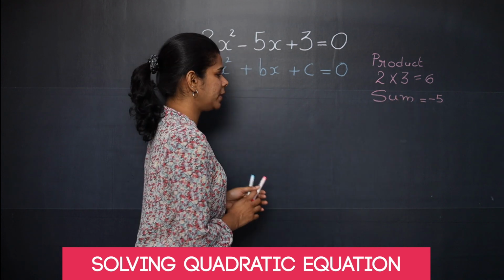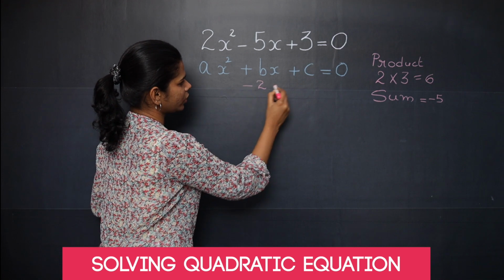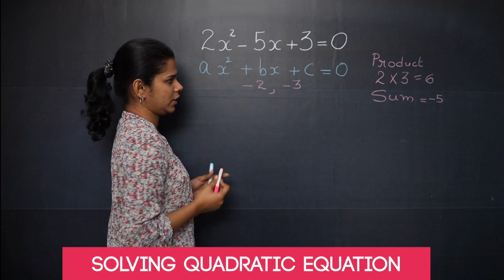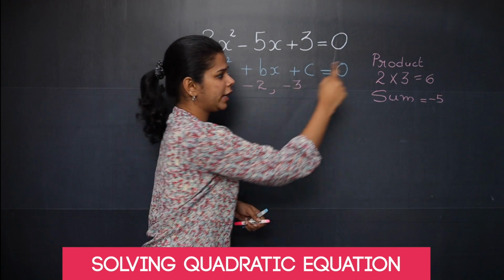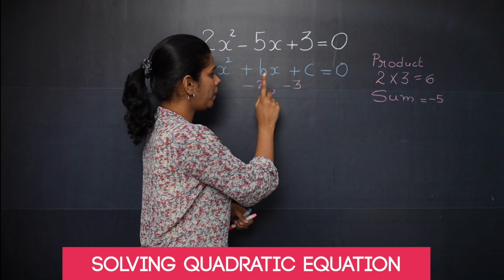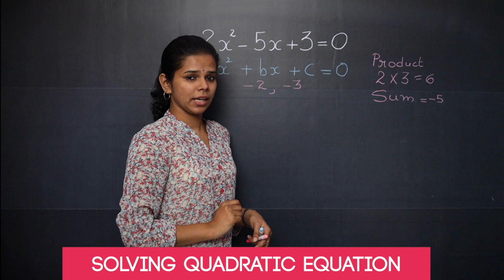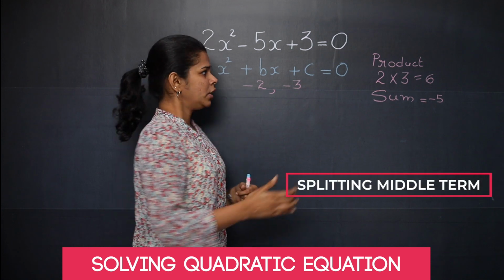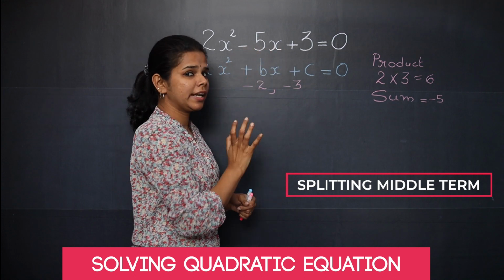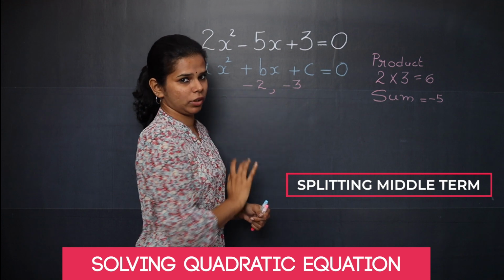So such numbers are negative 2 and negative 3. When you add negative 2 and negative 3, you will get negative 5. And when you multiply negative 2 and negative 3, you will get positive 6. Now, what is this method called? Splitting the middle term. Now you are going to split negative 5x as negative 2x and negative 3x.